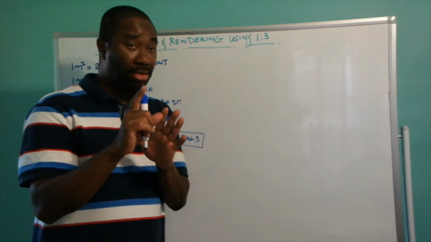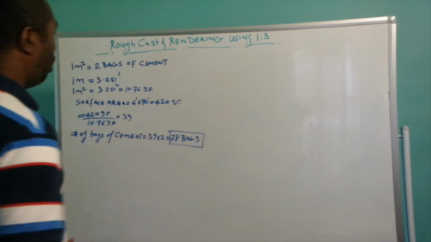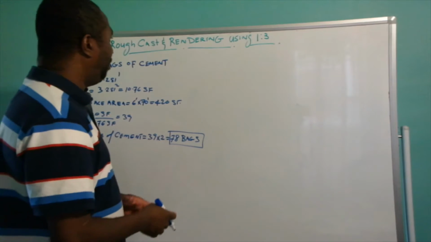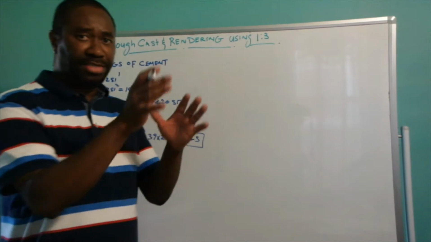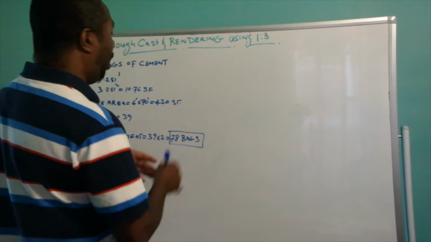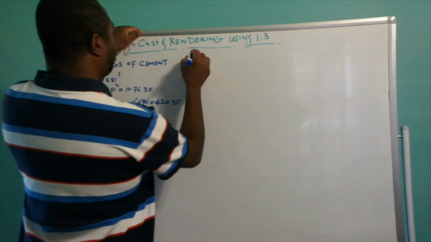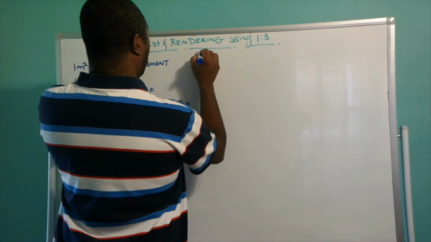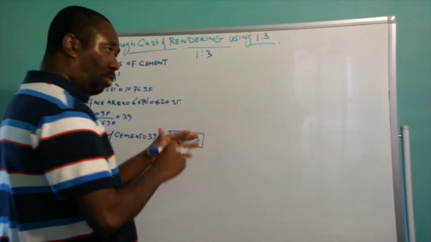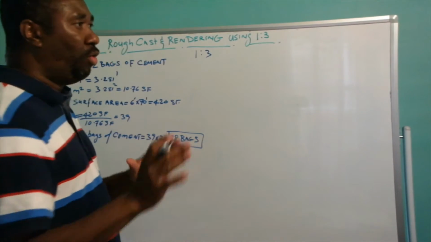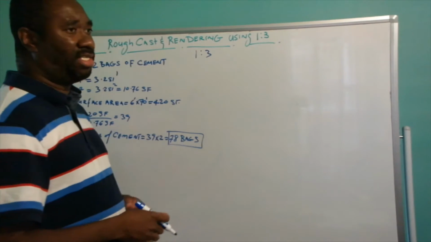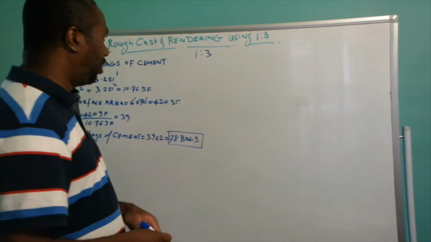one side, right? So in order to obtain the quantity of sand or coarse sand, we have to go back to our mixed proportion ratio, which is 1:3. And we know, as I've said on numerous occasions, that the 1 is for the cement and the 3 is for the sand.